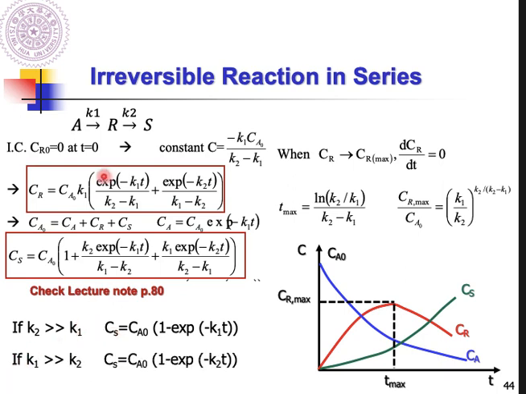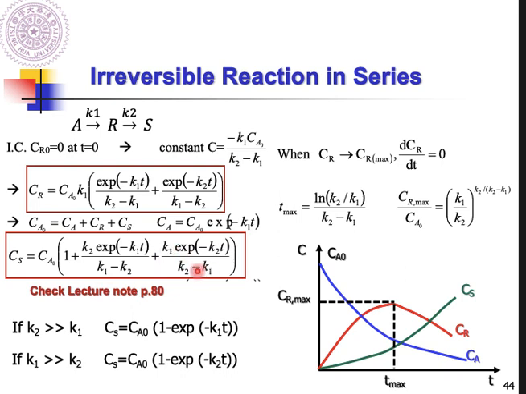The same idea if K1 is much larger than K2, which means K2 is the slower reaction. I just substitute this information into these solutions. K2 is quite small and K1 is quite large, so I can directly delete this term. And also K1 is quite large, so this is deleted.